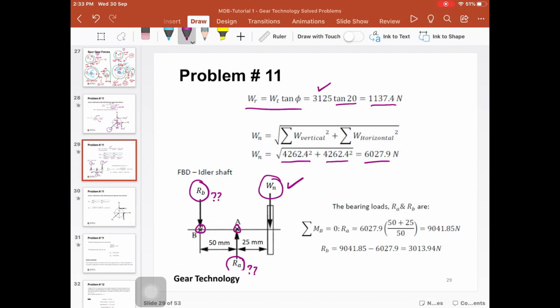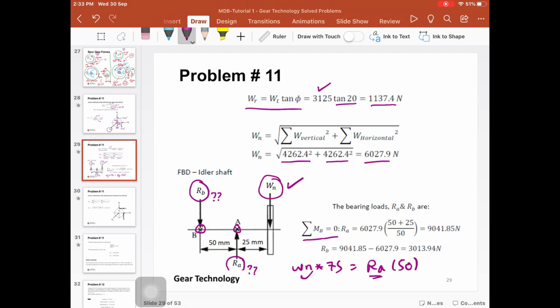Okay, so if we take the summation of moments at point B equal to 0, we can say Wn multiplied by 75 is equal to RA multiplied by 50. Then this gives us RA, because Wn is known.